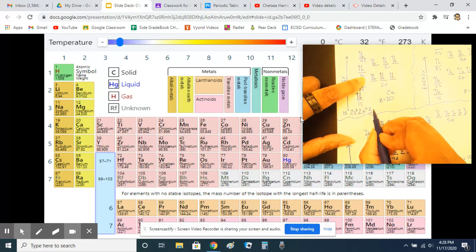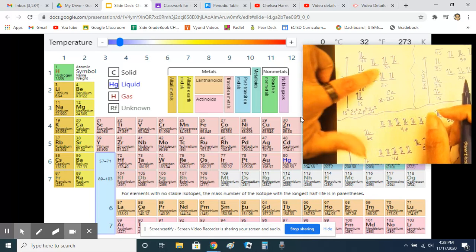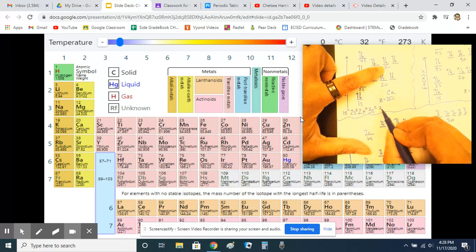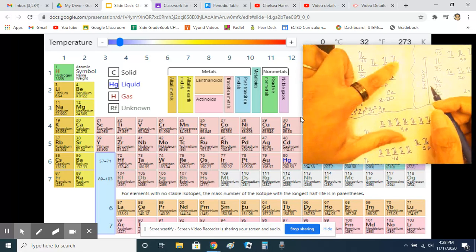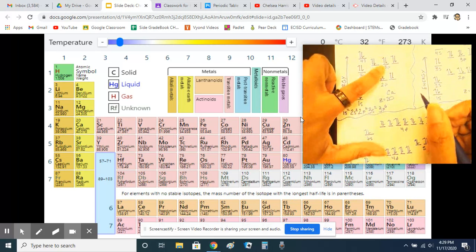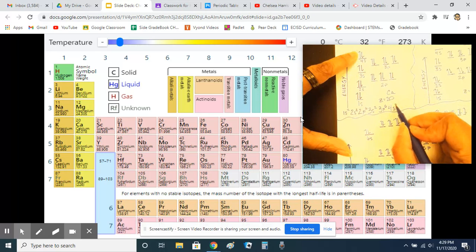Sub-level is S. How many there? 2. Next, we're still on level number 3, but now we're in the P sub-level, and there's a total of 2, 4, 6. Now we're in level 4, sub-level S, 2.